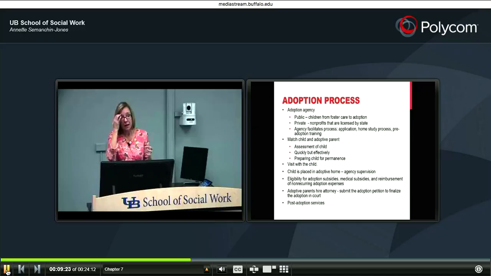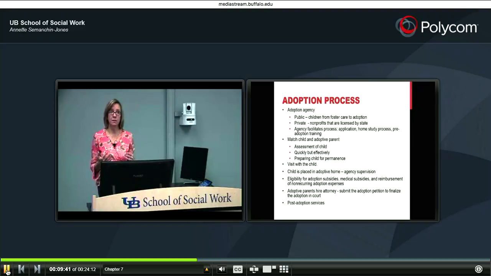So again, if a child is not being adopted by their current foster parent, all of this will be done, as well as preparing the child for permanence emotionally, and also planning pre-placement visits between the child and the potential adoptive placement.